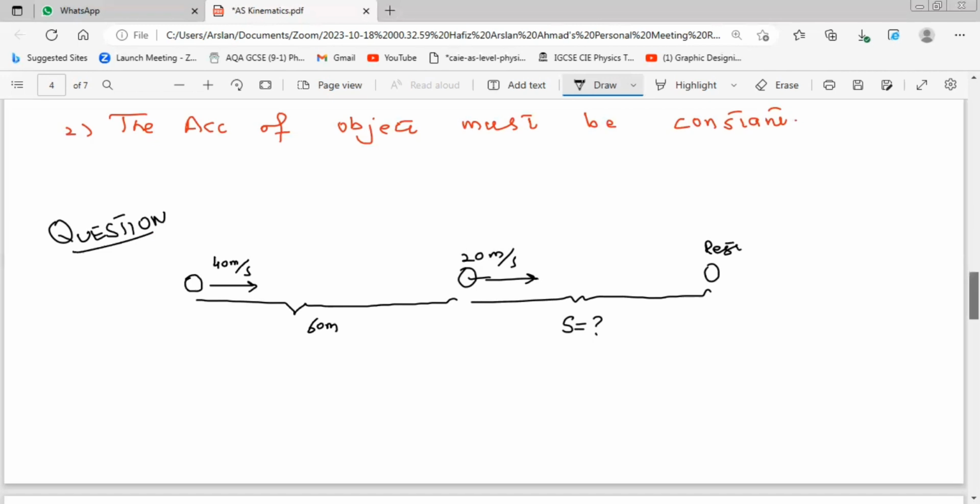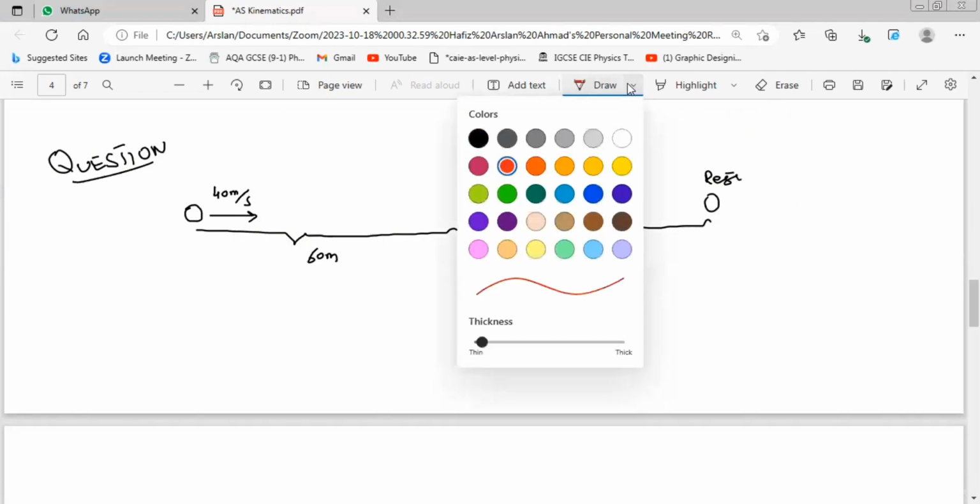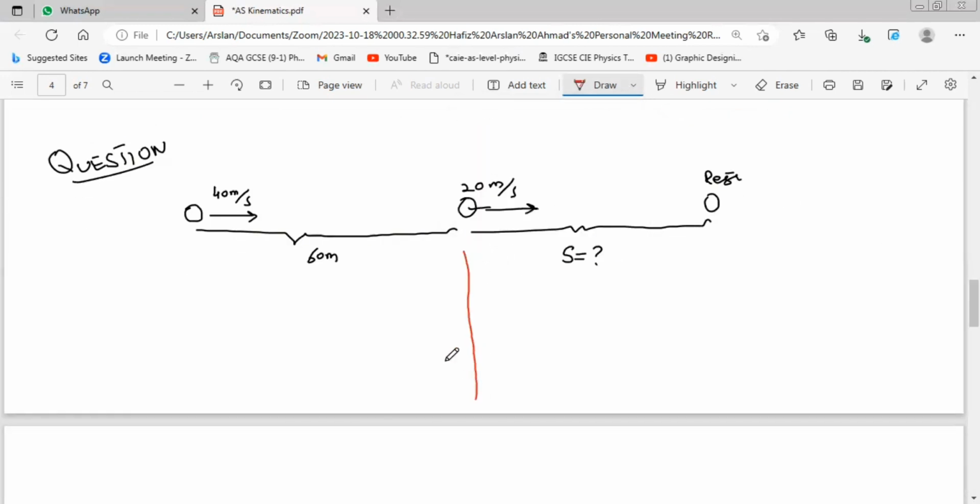We will use equations of motion in this situation. First of all, we have two parts of this question. Number one, we will use this velocity and this distance, and we will find the acceleration, which is deceleration. And with the help of deceleration, we will find the distance. So first of all, let's put v square is equal to u square plus 2as, because we have not been given a time, so we will use the fourth equation of motion.